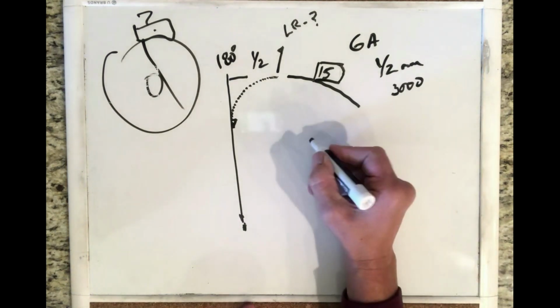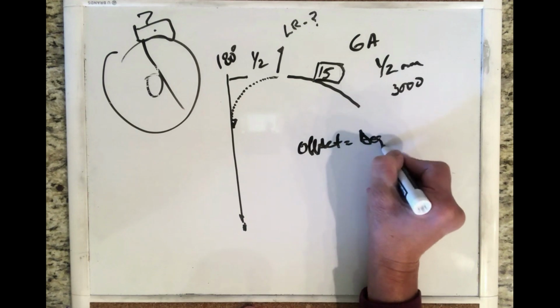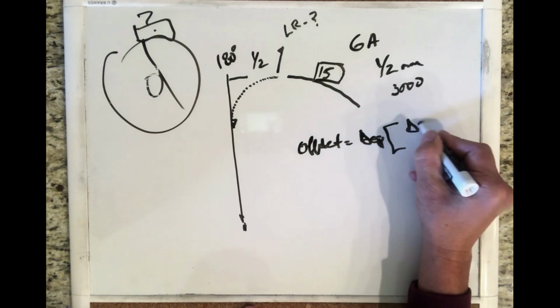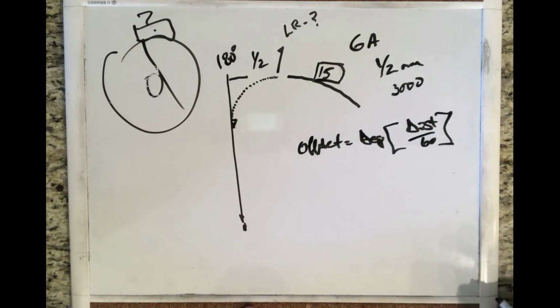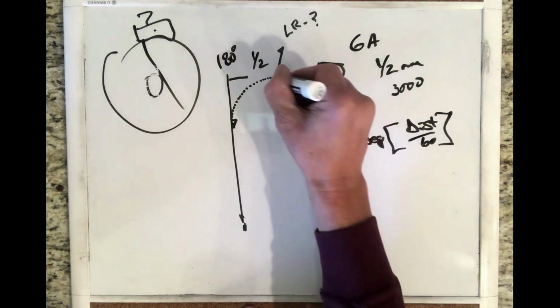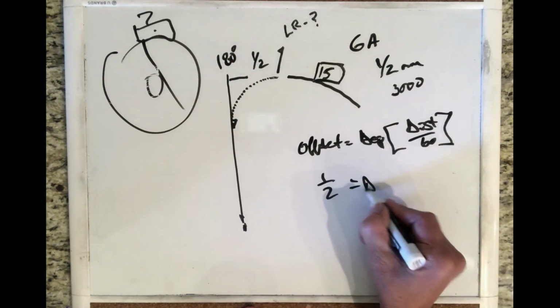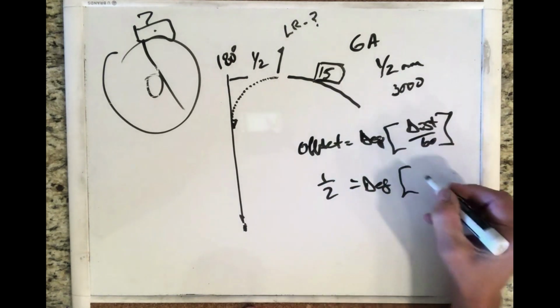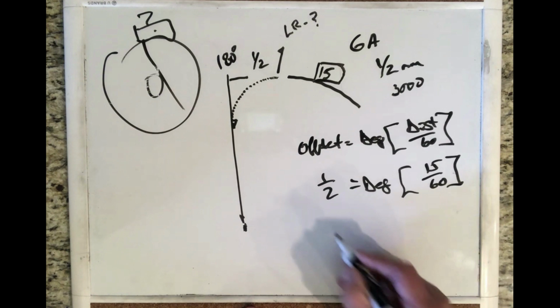Well, it's kind of similar. Take that formula again. Offset equals degrees times distance divided by 60. It's the same thing. So if our offset is a half mile, because our turn radius is half mile, so we're offsetting a half mile, degree, our distance is 15 divided by 60.